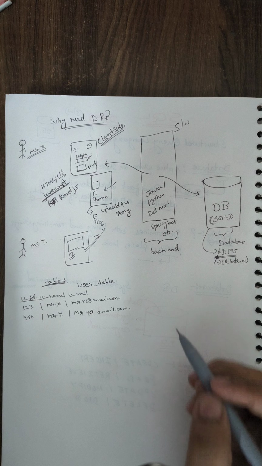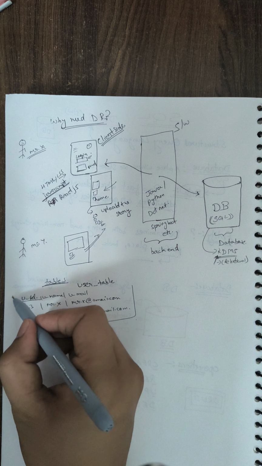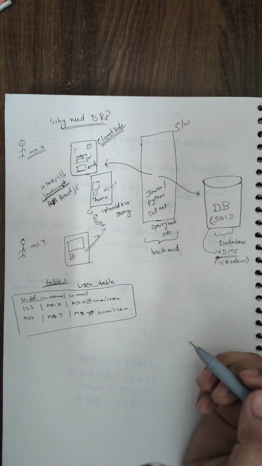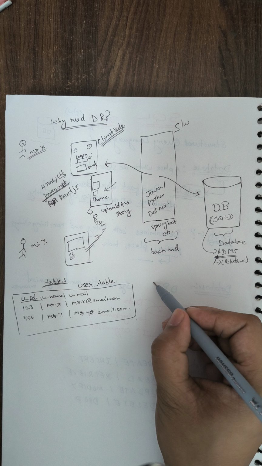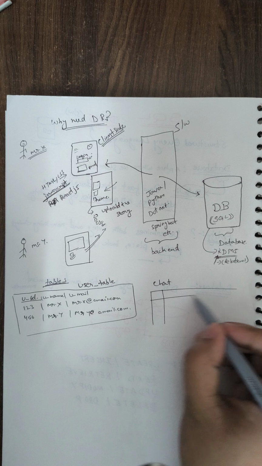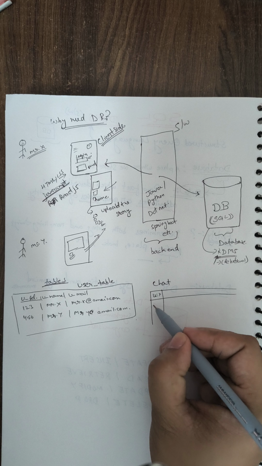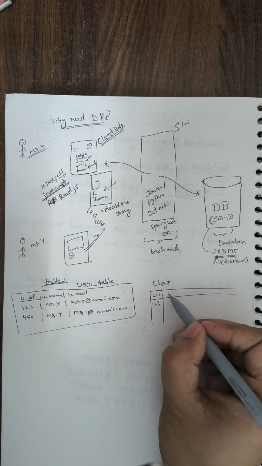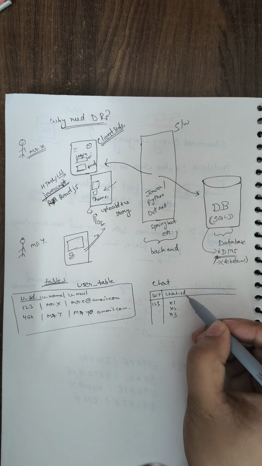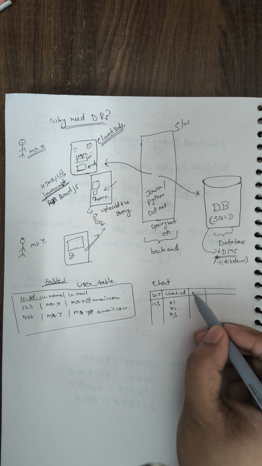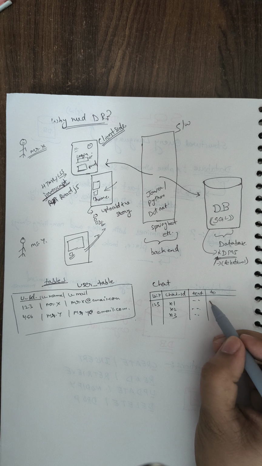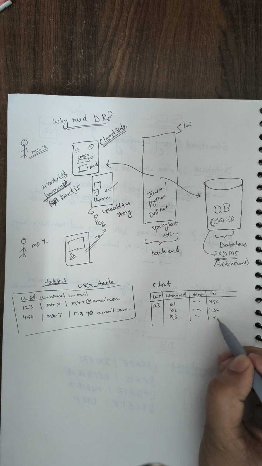email.com. There must be one more table to store the chatting or the reels or whatever is being uploaded for a particular account. So there can be a chat table with columns: user ID, so user ID 123, chat ID x1, x2, x3, and some text.